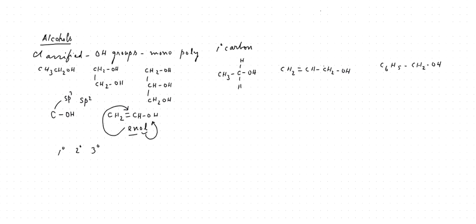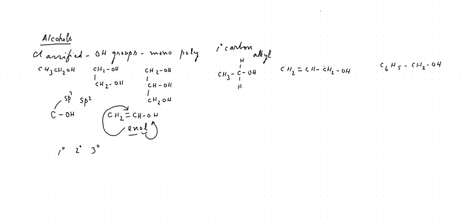Actually, if you remove the OH group and keep a hydrogen here, you will get an alkane. In any alkane, if one hydrogen is removed and the carbon has a vacant bond for the attachment of any other functional group, then that particular part of the organic compound is called alkyl group. This is called alkyl. So this is an alkyl alcohol.